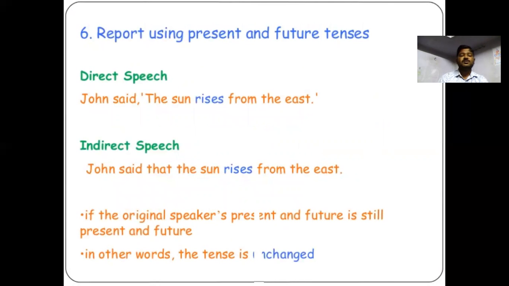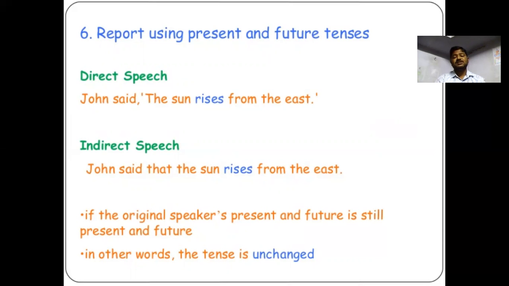Look at the reporting speech. John said, "The sun rises from the east." John said that the sun rises from the east. The simple present tense can stay in the simple present because of the universal truth.